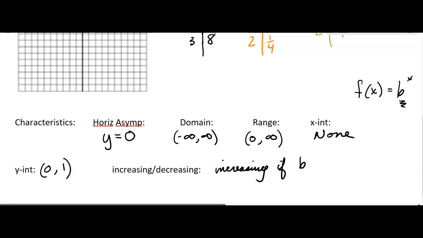That's what was happening for those three functions. So it's increasing if the base is greater than 1. It's decreasing if the base is less than 1. And we know the base has to be positive, so I'll say that in there too. Okay, so we'll look at more of these graphs, and then we're going to look at the transformations.